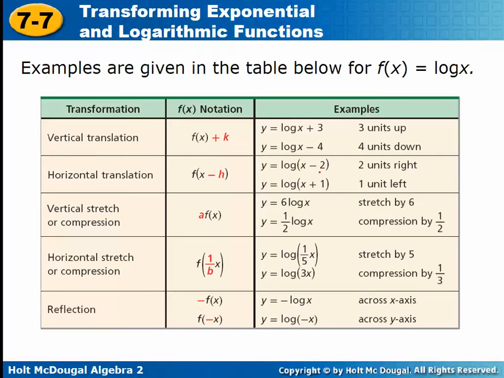Horizontal translations, you add or subtract the number inside the parentheses, and vertical stretch or compression is multiplied to the whole function, whereas horizontal stretches or compressions are multiplied just to the variable. Reflecting across the x-axis is you put a negative in front of the whole function. Reflection across the y-axis is when you have a negative just on the variable.